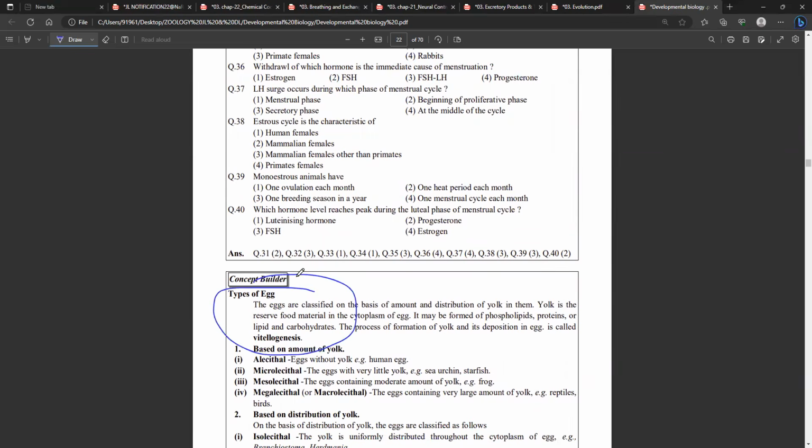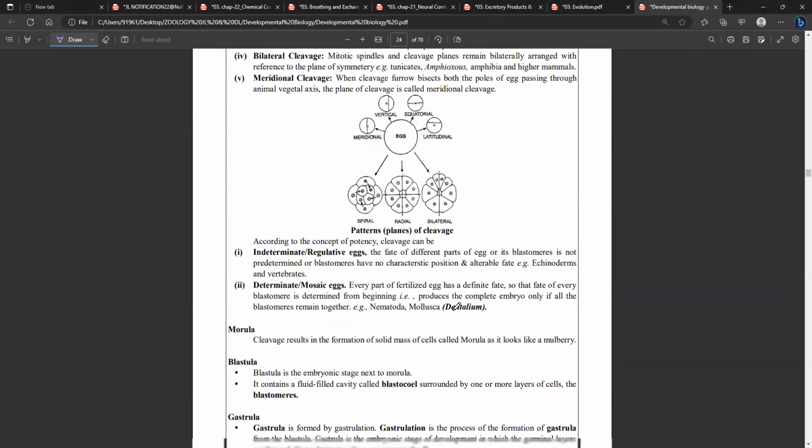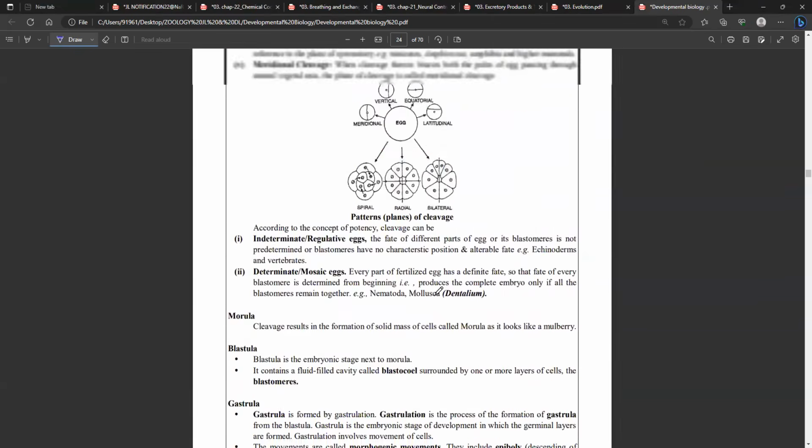Undoubtedly, you are going to get a question from cleavage. That is alecithal egg, microlecithal egg, mesolecithal egg, megalecithal egg, and holoblastic cleavage, meroblastic cleavage, where the complete cleavage occurs, where the incomplete cleavage occurs, which is extremely important, friends.